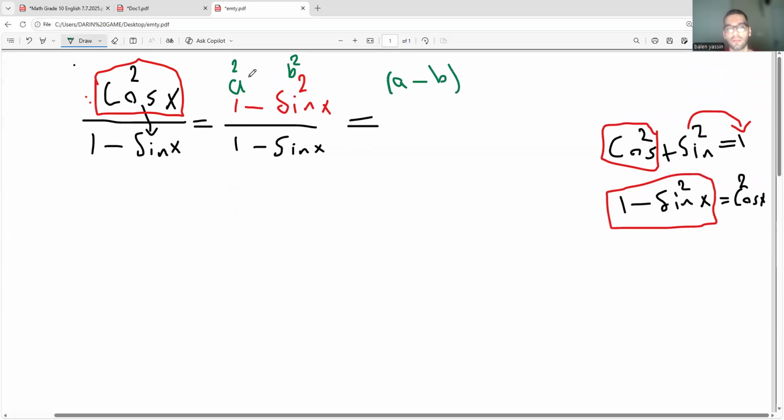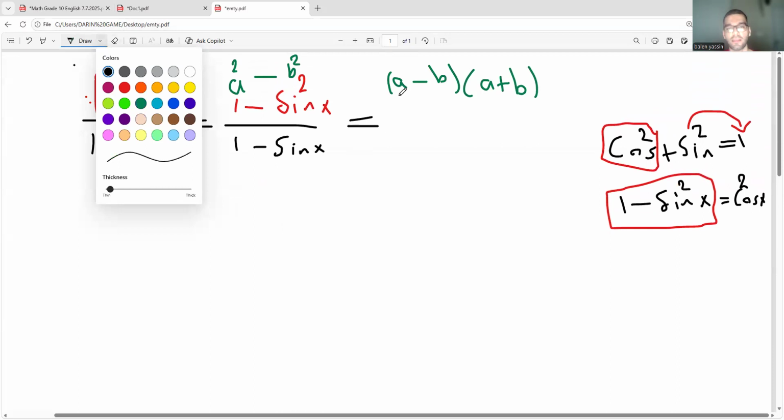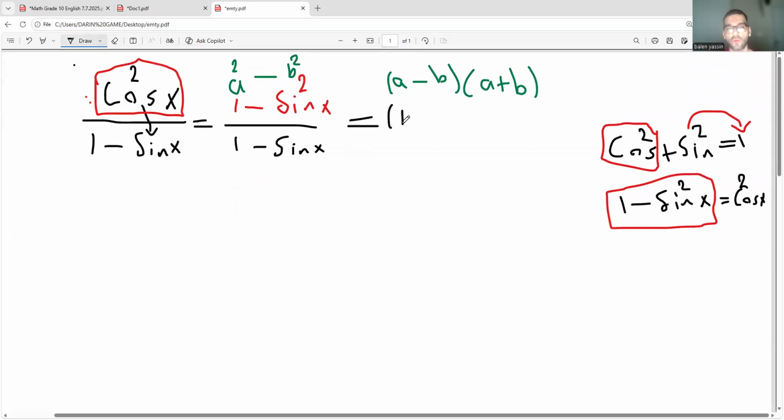And then, so let's say it's like this. And then a plus b, okay? So we said a is 1, so we get 1 minus sine of x, okay? And 1 plus sine of x.